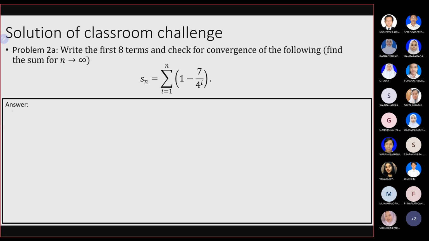The first term, we have S1 is equal to 1 minus 7 over 4 power 1, which is equal to 1 minus 7 over 4, which is equal to minus 3 over 4.